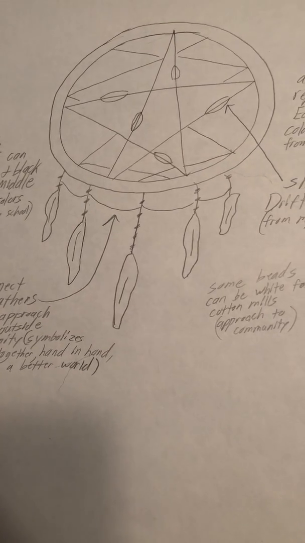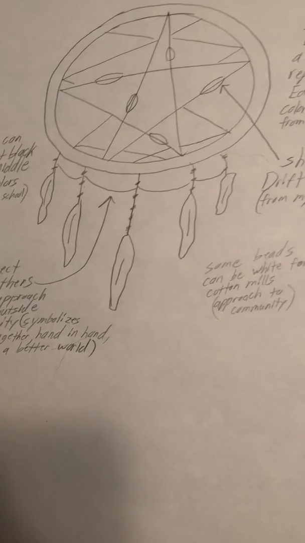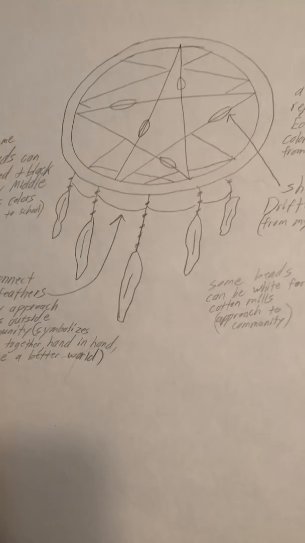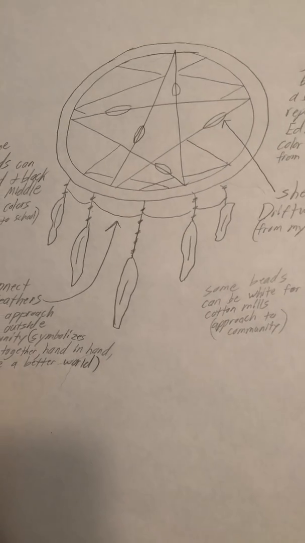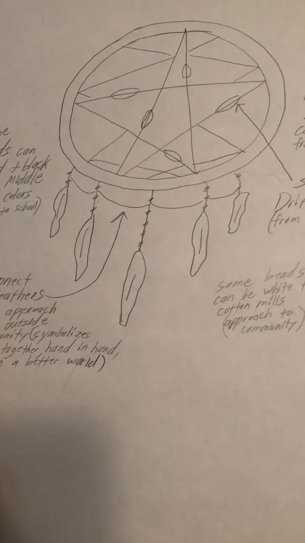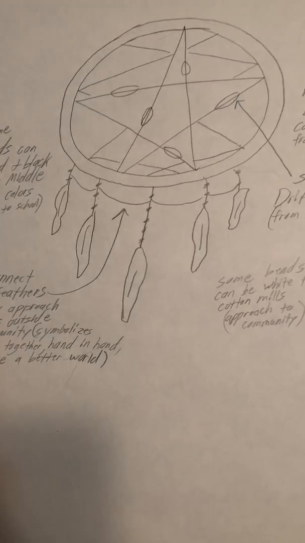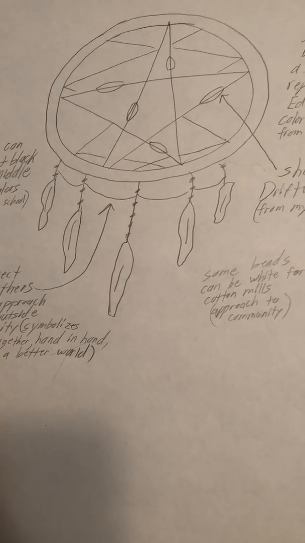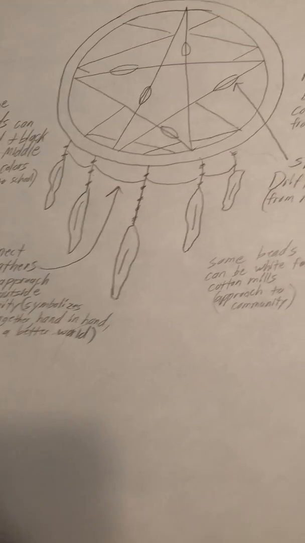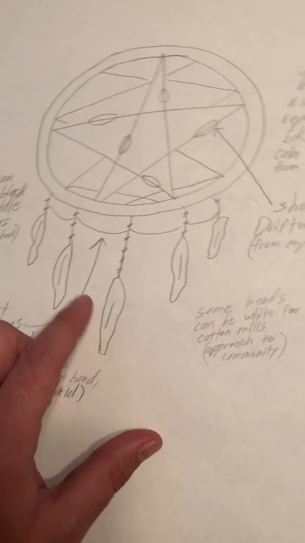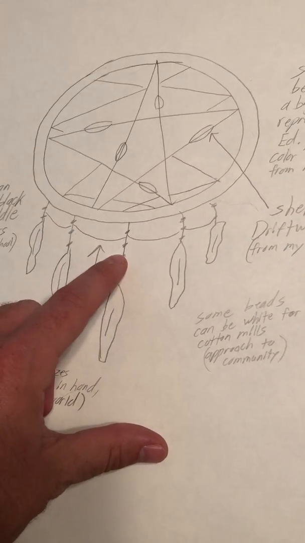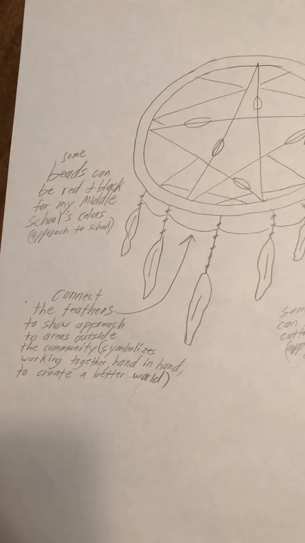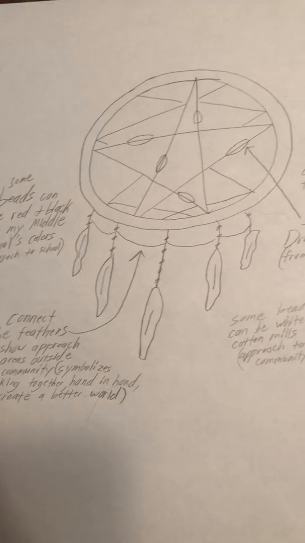Some of those beads are also going to be white, which will show my connection to the community, because my community has a lot of cotton mills, some that are still functioning, some that are no longer in service and have been turned into more antique type of places, but still an obvious connection to the community. And then for the last one, the connection to outside of my community, I would link the feathers together with a different piece of yarn, and that would symbolize working together hand in hand to create a better world even outside of my community.